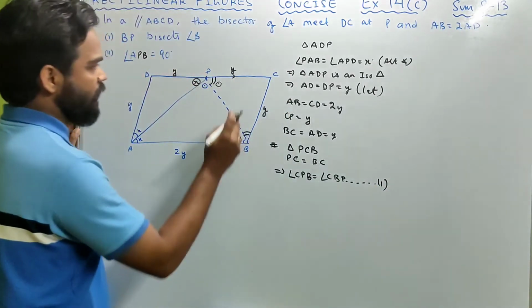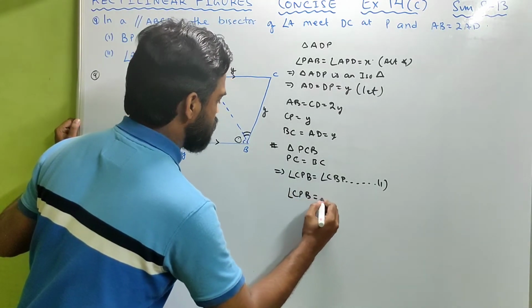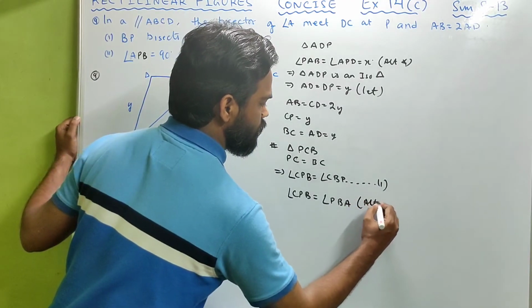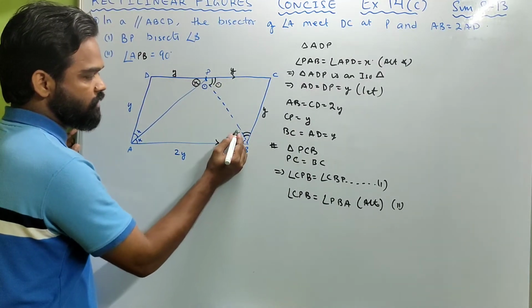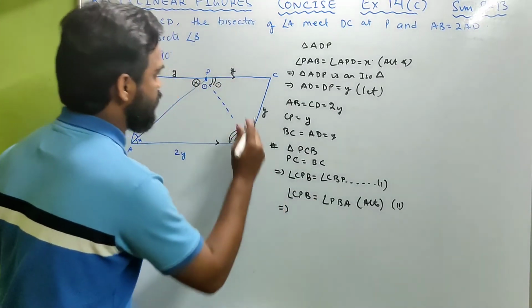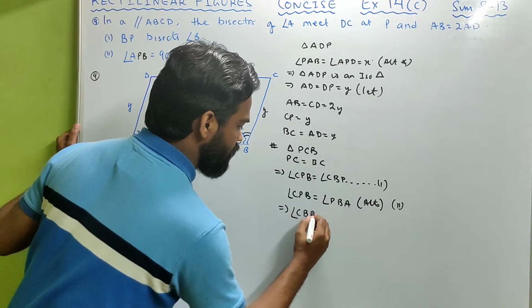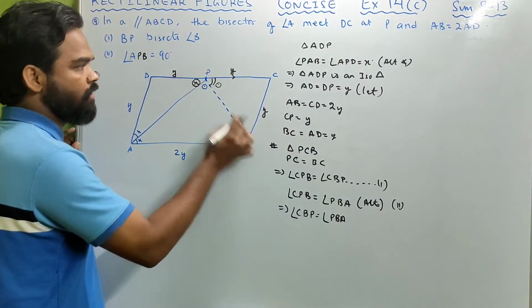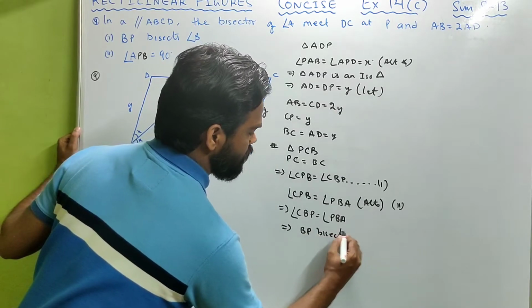We know that angle CPB is equal to angle PBA, alternate angle, isn't it? So comparing 1 and 2, these two angles are equal, which means angle CBP is equal to PBA. So if these two angles are equal, it simply means that BP bisects angle B.